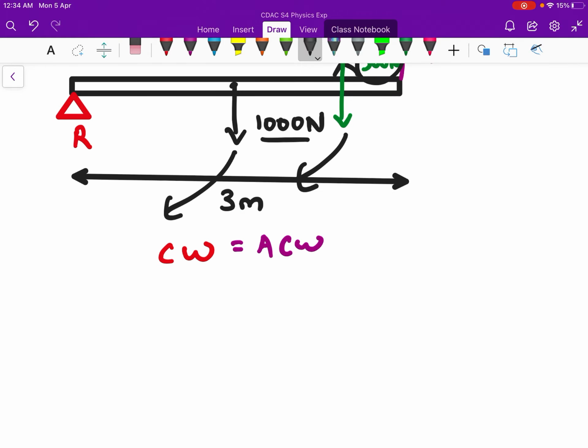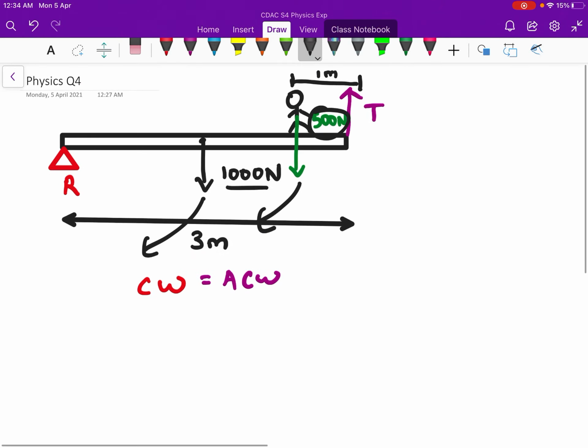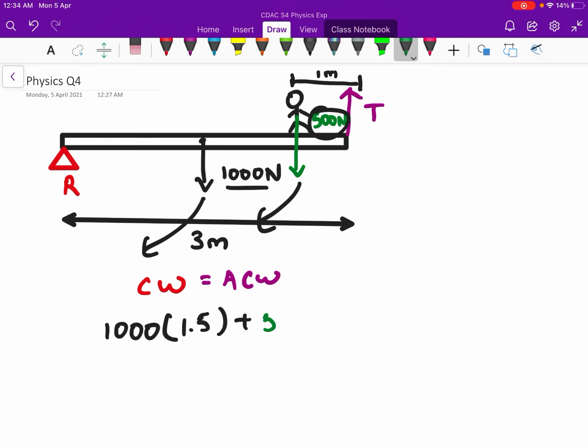So 1000 times 1.5, because it's uniform, so the center of gravity is exactly in the middle, and the man's 500 times the perpendicular distance of 2 meters.